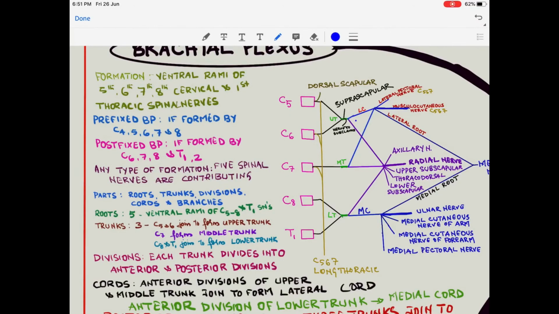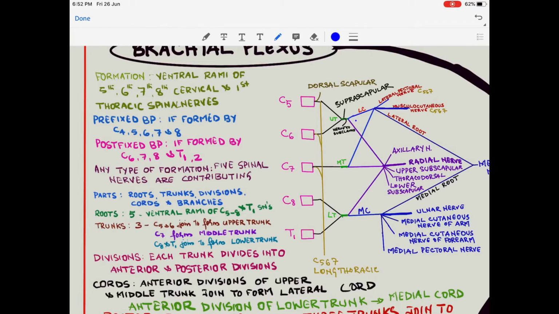Brachial plexus. Brachial plexus is the plexus of nerves to supply the upper limb muscles. There are 3 types of formation. One is normal type, second is prefixed type, third is postfixed type. In any type of brachial plexus formation, there will be 5 spinal nerves involved. Now we'll see the normal type of formation.